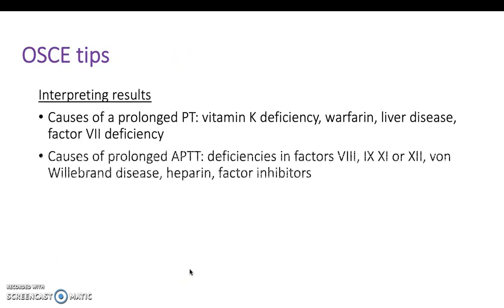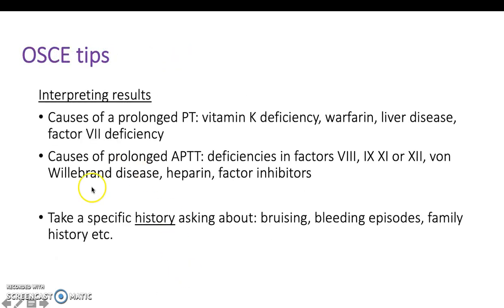So some OSCE tips for interpreting the results. I've broken it down into causes of prolonged PT, which is vitamin K deficiency, and as we've said, warfarin can also cause vitamin K deficiency, and liver disease as well. And causes of prolonged APTT are deficiency of those factors, so haemophilia and von Willebrand's.